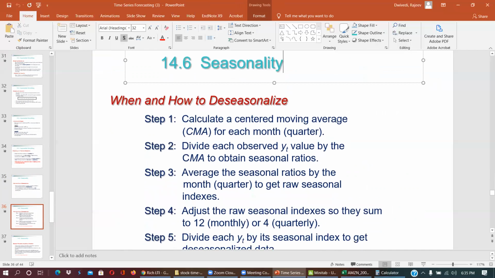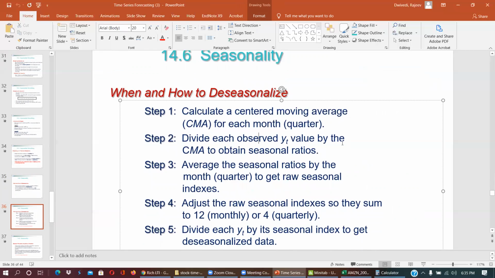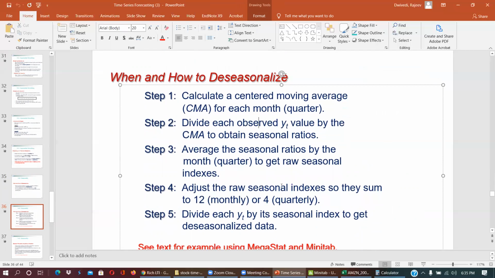The index must sum to 12 for monthly data or to 4 for quarterly data. Calculate the centered moving average, divide each observed value by it to get a raw seasonal ratio, average the seasonal ratios by month or quarter to get the raw seasonal index, then adjust the raw seasonal index so it sums to 12.